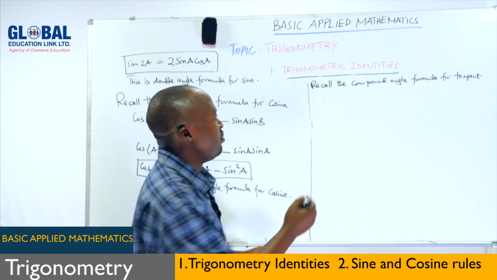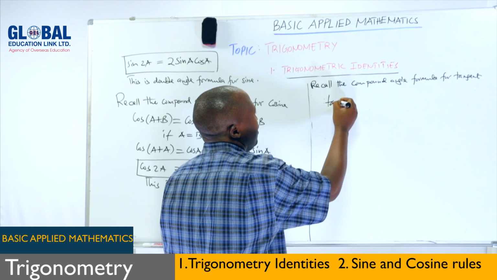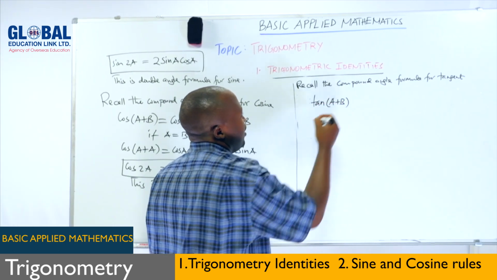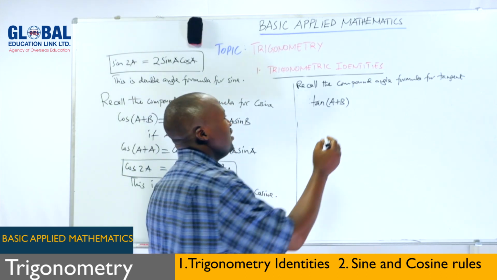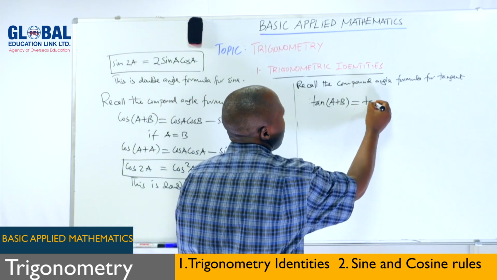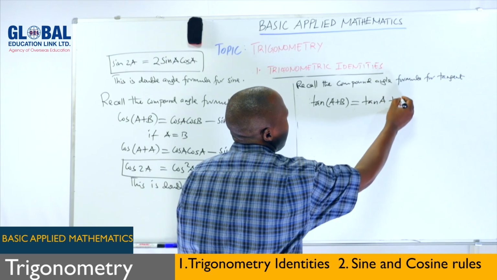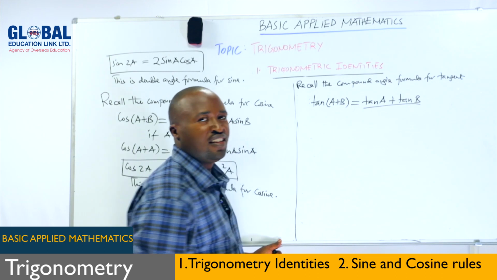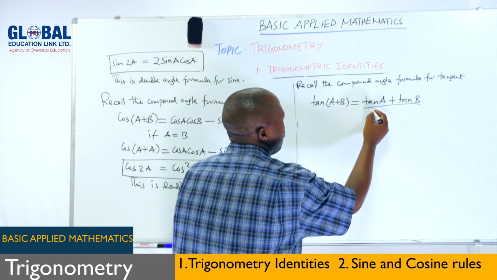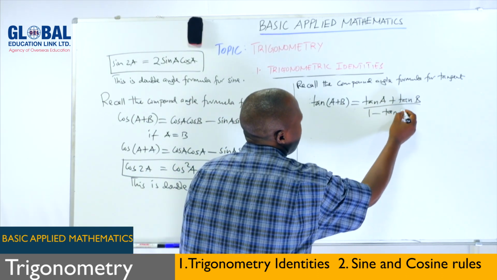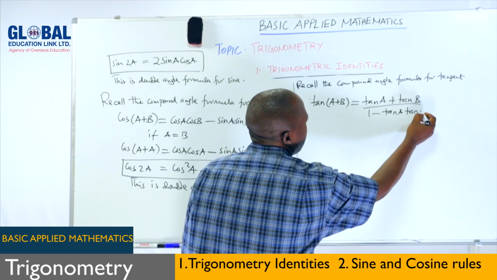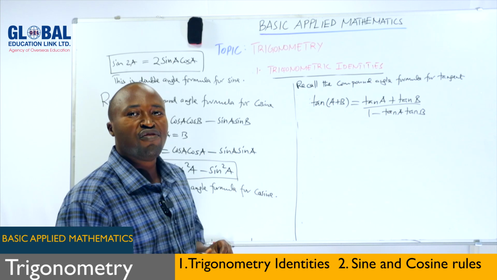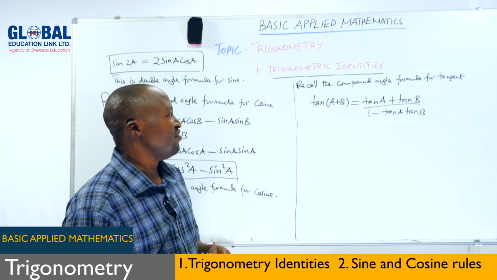Remember, when you have tan of A plus B, tan A plus B is equal to tan A plus tan B over 1 minus tan A tan B. That is the compound angle formula for tangent.